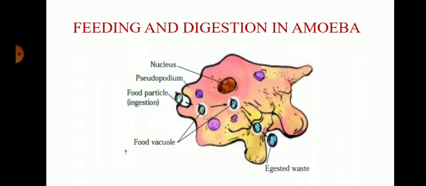The two pseudopodia join around the food particle and trap it with a little water, forming a vacuole around the food. Digestive juices present inside the vacuole act on the food and break it down into simpler substances. This digested food is then absorbed and is used for growth, maintenance, and multiplication of amoeba. The undigested food residue is expelled outside by the vacuole.